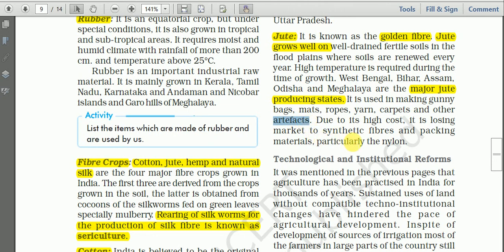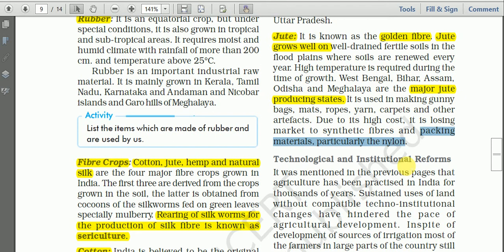But one problem we are facing now is that the cost of these jute products is high, and that is why it is losing its importance in the international market, because there is stiff competition from synthetic fibers. For the jute fiber, yarn is manufactured and used in making fabrics, cloths, t-shirts and pants.